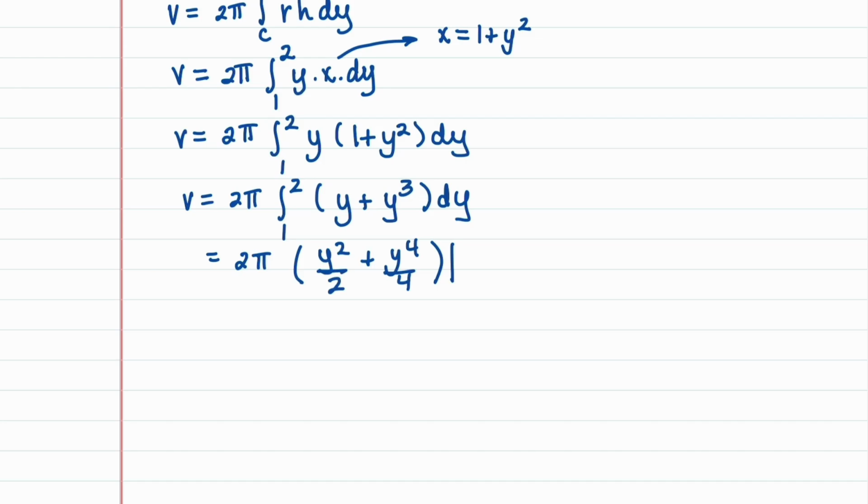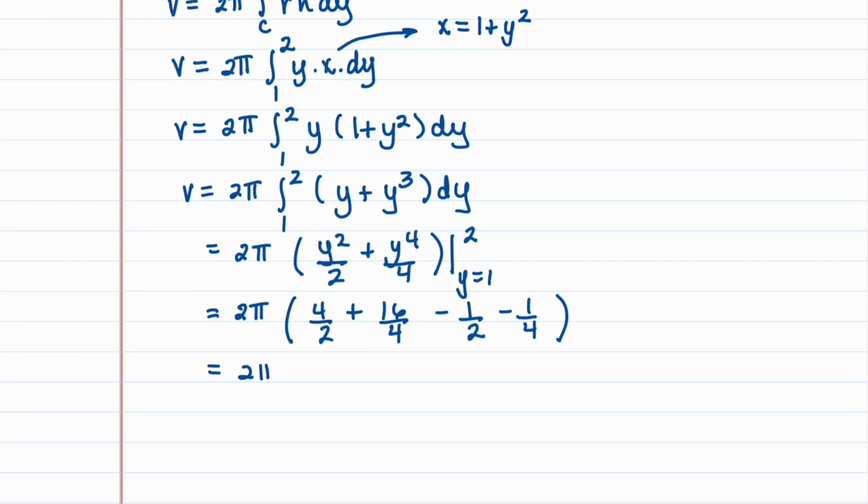And we're evaluating this from y equals 1 to y equals 2. Let's first put in that y is 2. 2 squared is 4, so we have 4 over 2. 2 to the 4th is 16, so we have 16 over 4. And then we subtract off 1/2 and 1/4.